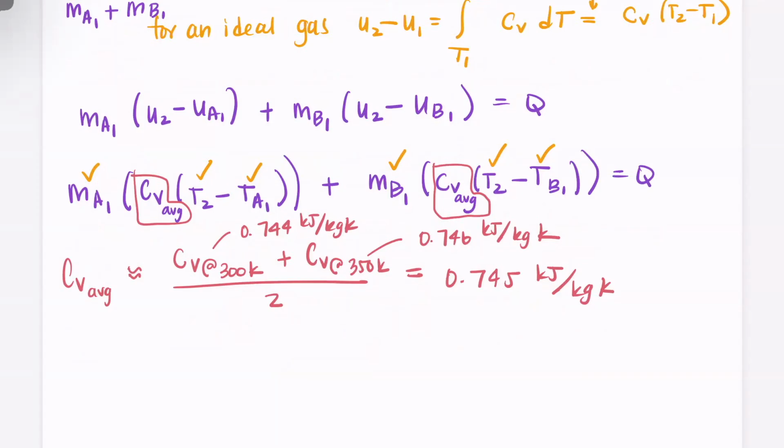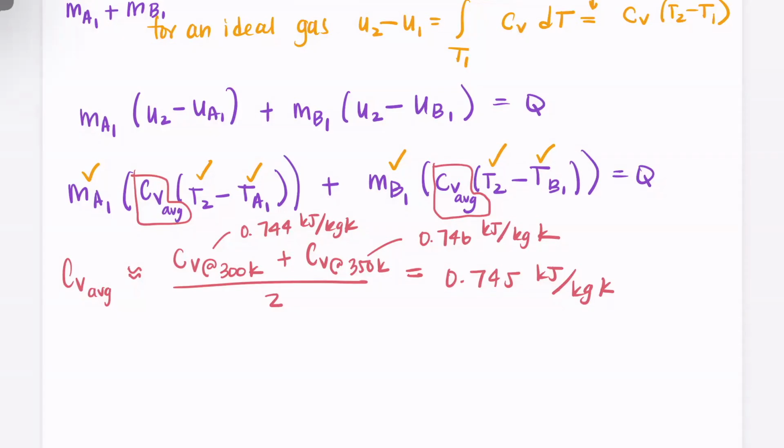So our maximum temperature is 77 degrees, and the minimum is 27 degrees. So we're going to just use the same CV average for both of them. You can see that the difference in CV between those two temperature extremes doesn't really change very much, right? We're looking at 0.744 versus 0.746. So that's pretty reasonable to do.